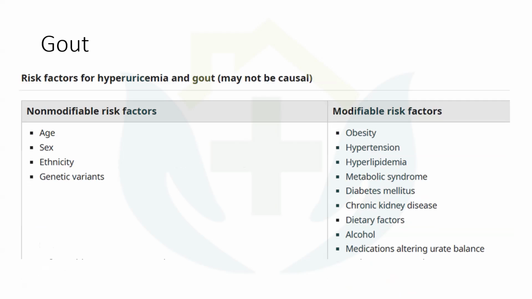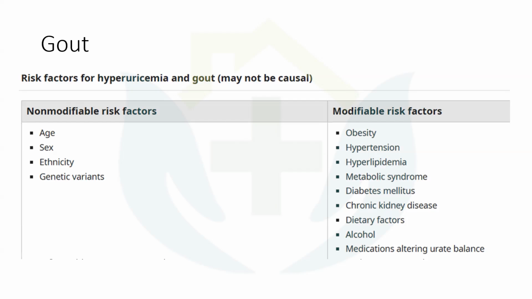There are risk factors associated with hyperuricemia and gout, like age and sex, usually higher age. Other risk factors are obesity, hypertension, metabolic syndrome, diabetes, and kidney disease.